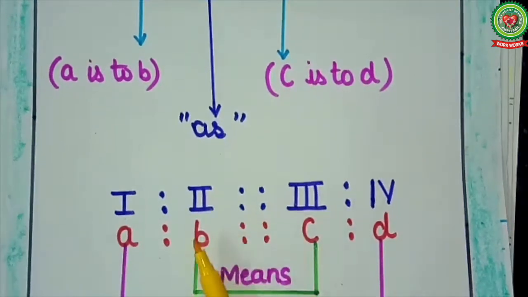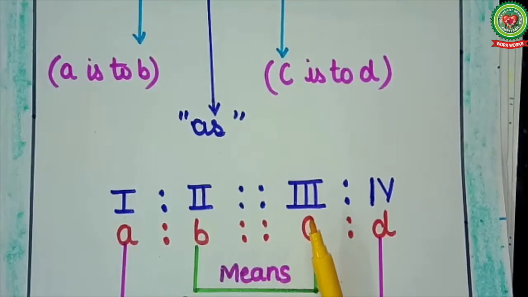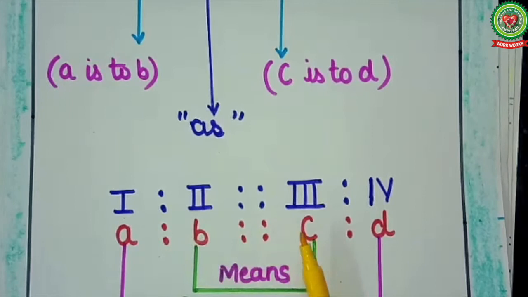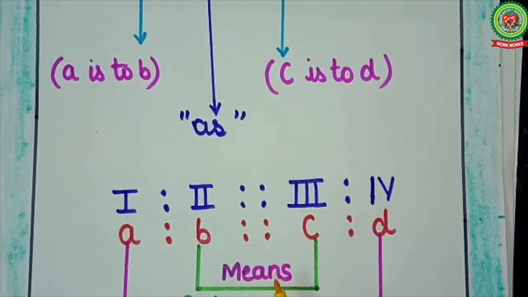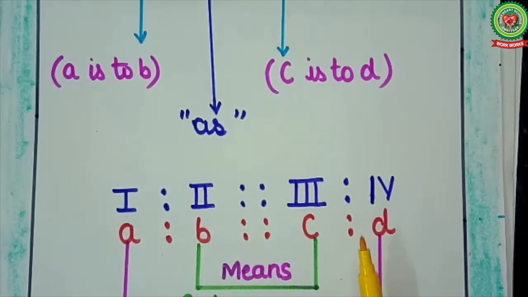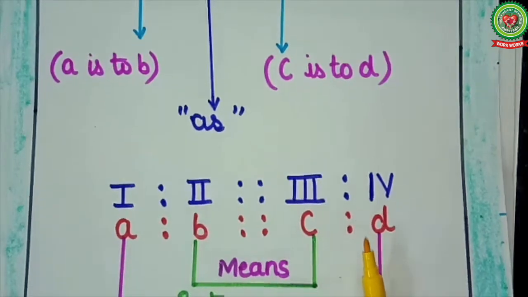Now, the middle terms of a proportion are known as means. Here, B and C, which are the second and third terms, the middle terms, are known as the means, and the values at the end are known as the extremes.